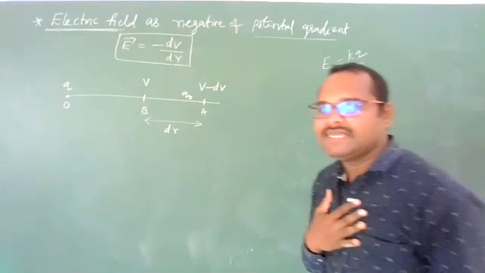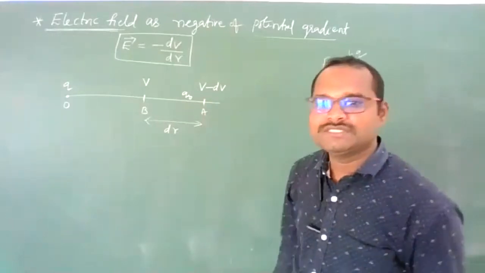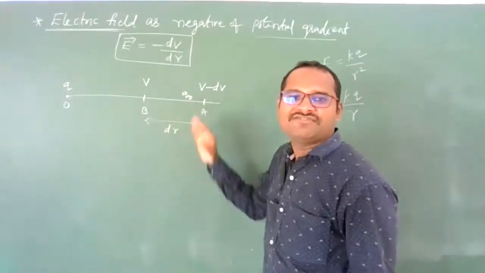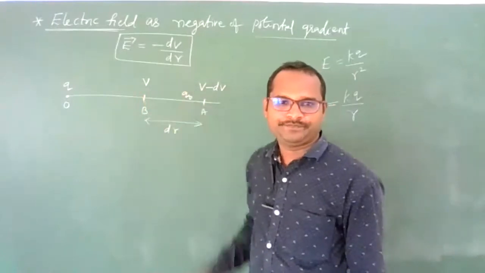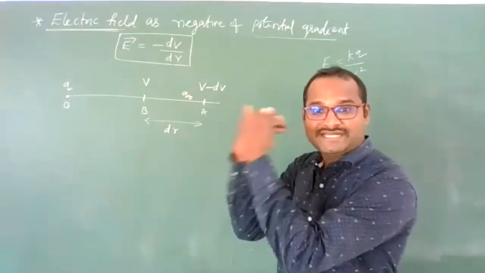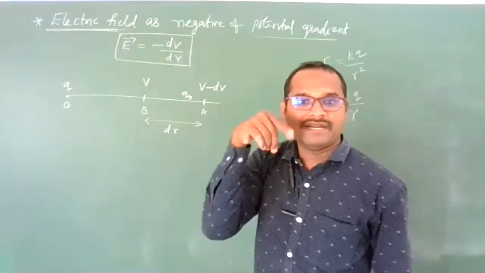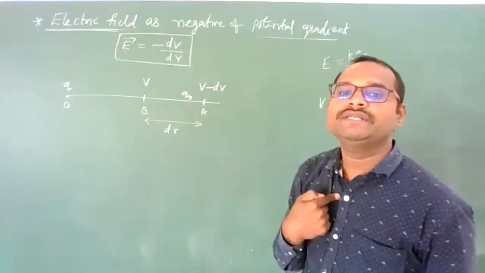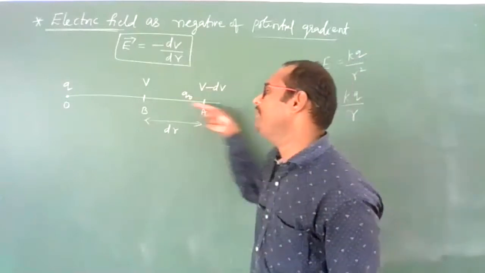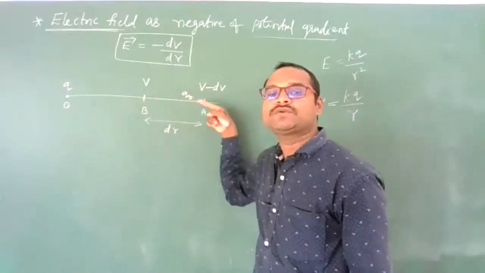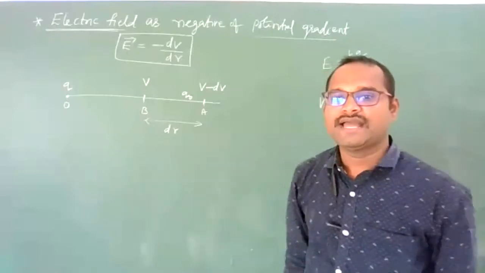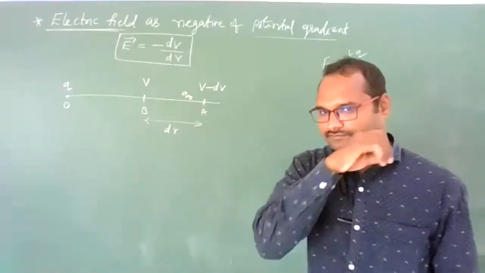Now, my aim is to move this charge q naught from point A to point B against the electrostatic field. Electrostatic field is in the direction of B to A, but I have to move it from A to B against this electrostatic field. For that, I need to perform some work done.